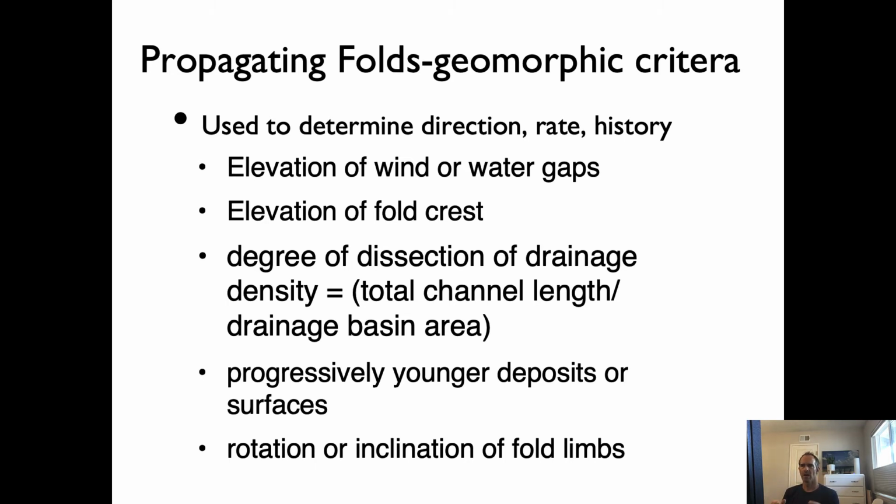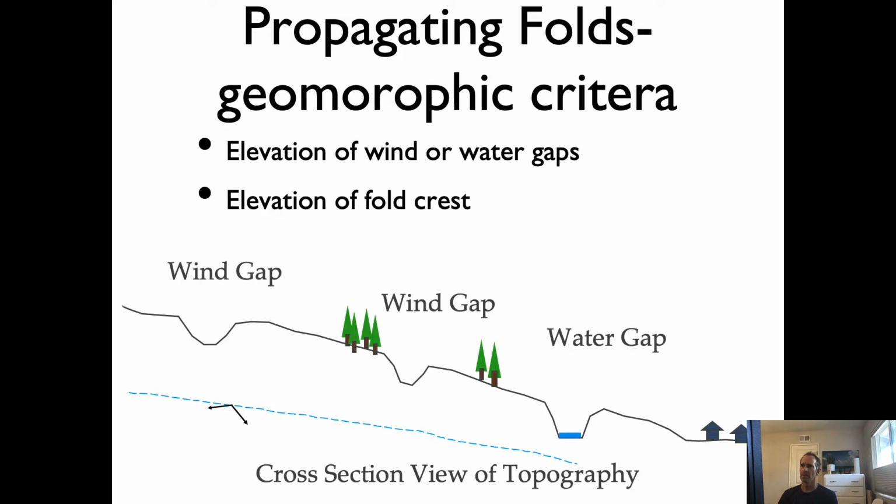Now, instead of water flowing through there, it's just empty, and they call that a wind gap. Another thing can be just the elevation of the top of the fold. If you see that decreasing in one direction, you can infer that the fold is growing in one direction or the other. So I'm going to come back to that slide in a second, but I want to show you these first two.